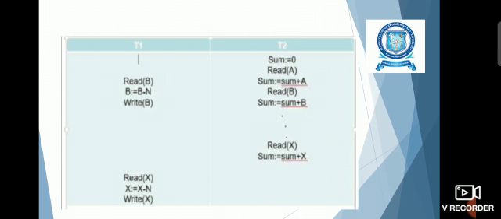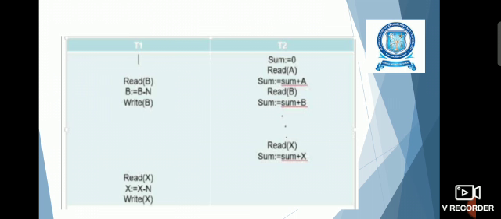Transaction 1 is accessing account B, doing some modifications on account B and updating the modification. But at the same time, transaction T2 is computing the aggregate function of the accounts. It adds the value of account A, and it adds the account value of B to the previous sum.